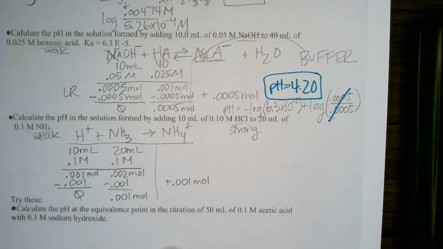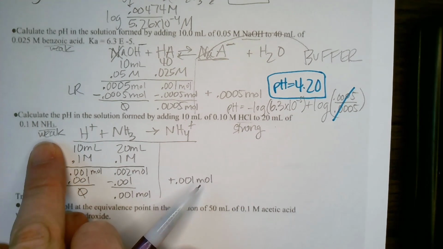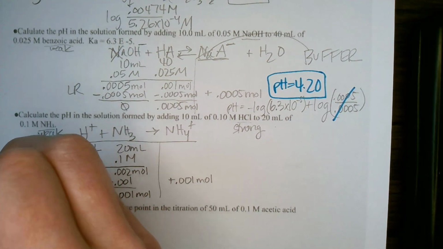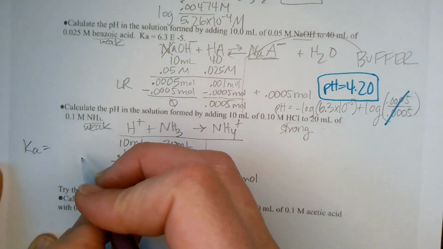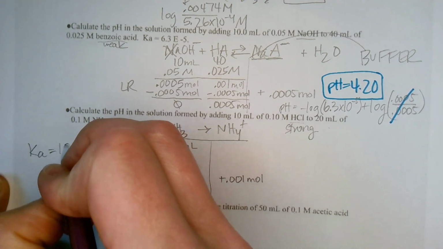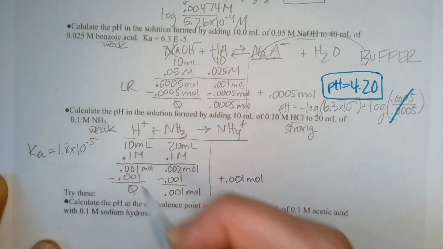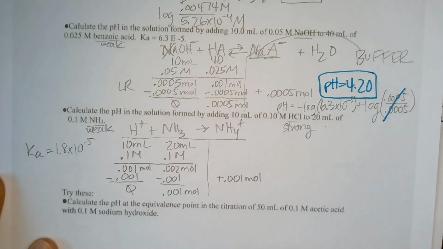All right, so now since this is my weak base, I'm going to look at Appendix D to find the Ka, which should be 1.8 times 10 to the negative 5. Now I'm going to plug this into the Henderson-Hasselbalch.